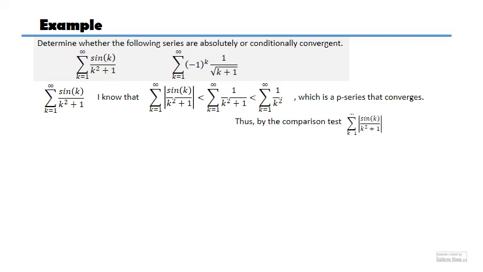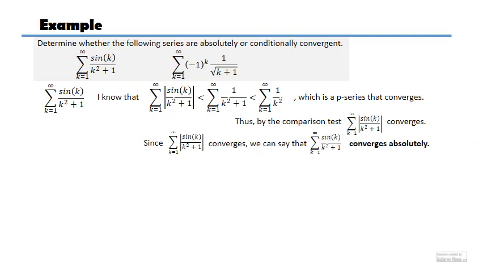So by the comparison test, this one here converges, right? And since the absolute value converges, it's absolutely convergent, so I can say that without the absolute value it converges. So that's it. That's very quick, really. I mean, you don't really have to do much. The only realization here is to go quickly to the p series.